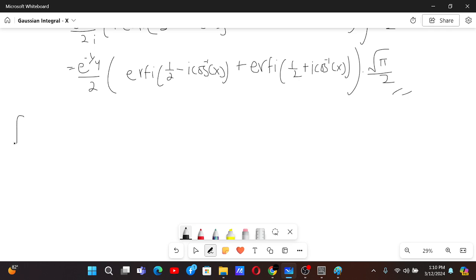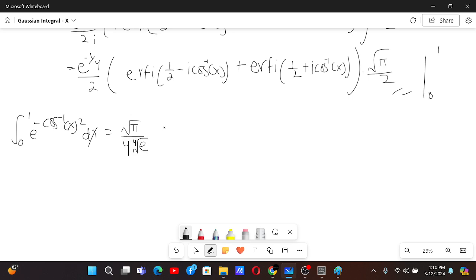Now let's try to find the definite integral from 0 to 1 of e to the power minus cos inverse x whole square dx. Now let's try to find this. For that, let's evaluate this at 0 and 1. And so let's see what do we get. This is root pi by 4 4th root of e.